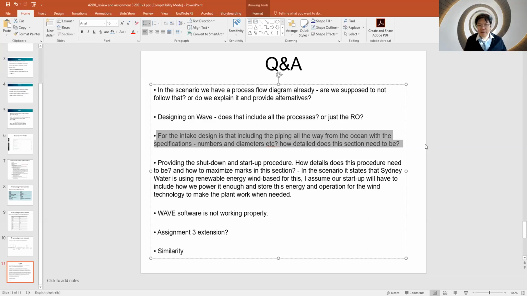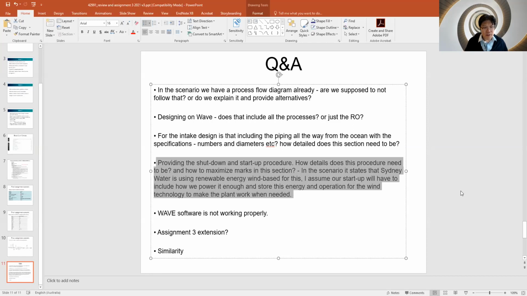In fact, I don't really expect you to design the intake or outfall, the diameter of the pipeline or numbers, because this is a matter of simple pipeline design. So we don't need that much high-skilled design factor. You don't have to design this kind of intake, diameter, numbers, piping. So that's not necessary in your report.